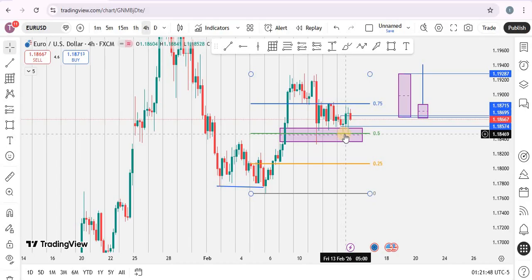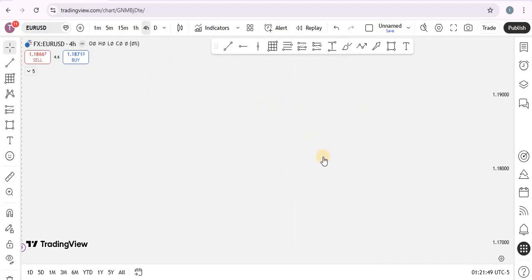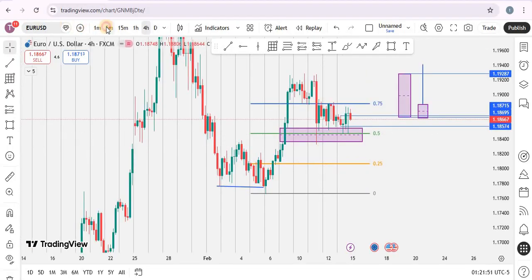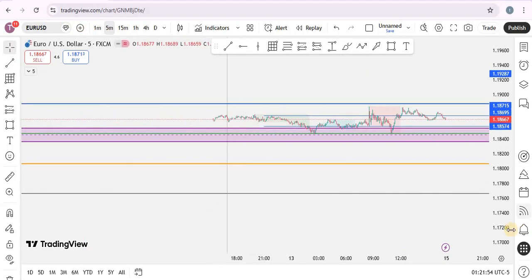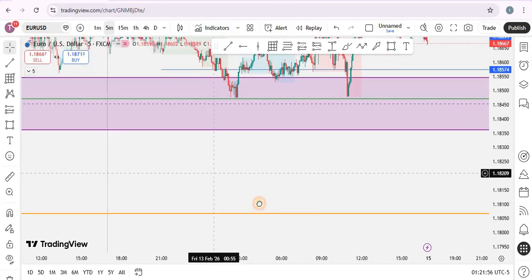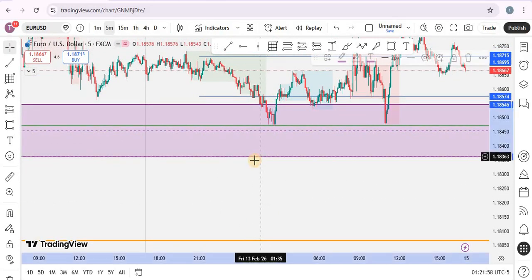Now what we will see is the internal range liquidity. This is the 4-hour fair value gap, this is the midpoint of our dealing range on the higher time frame.